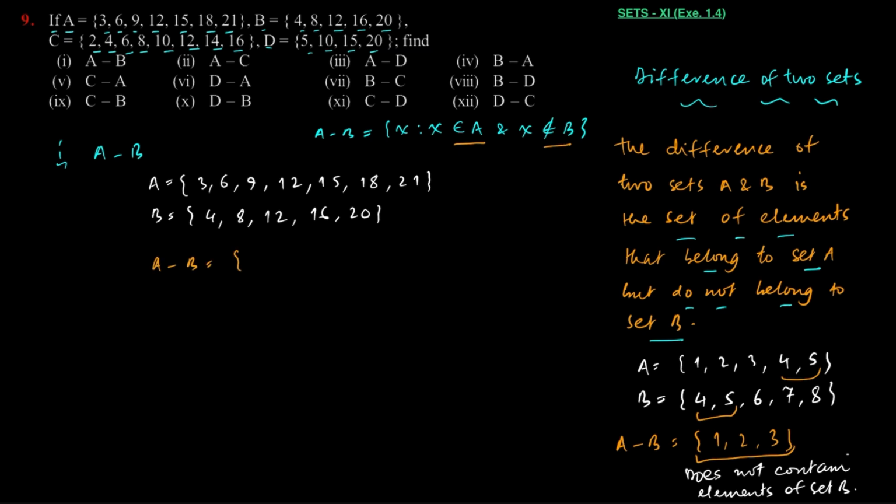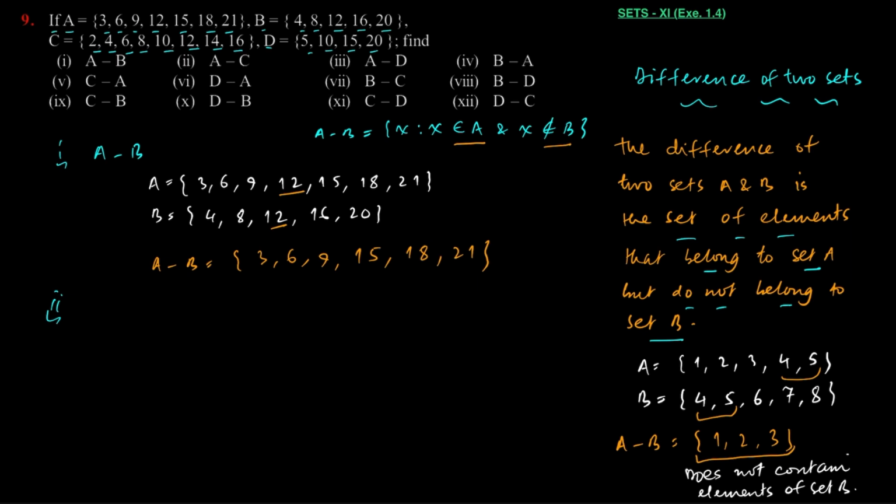So here we'll be having all the elements of set A such that these elements will not be in set B. So the elements will be 3, 6, 9. 12 is in both the sets, so we cannot have 12 because we know that the element should belong to only set A and not set B. So 12 will not be an element of this very difference. Next elements will be 15, 18 and 21.